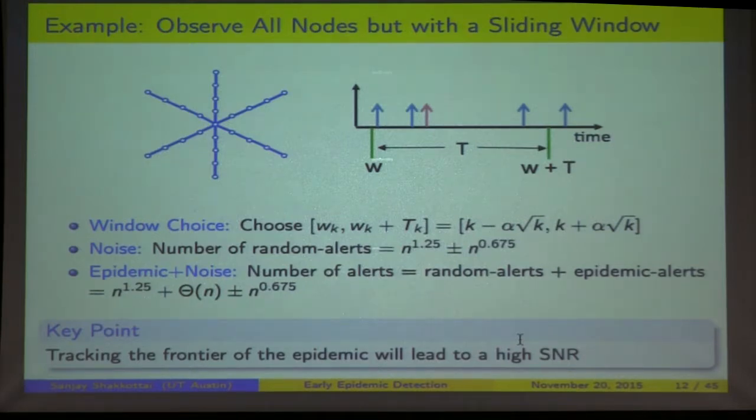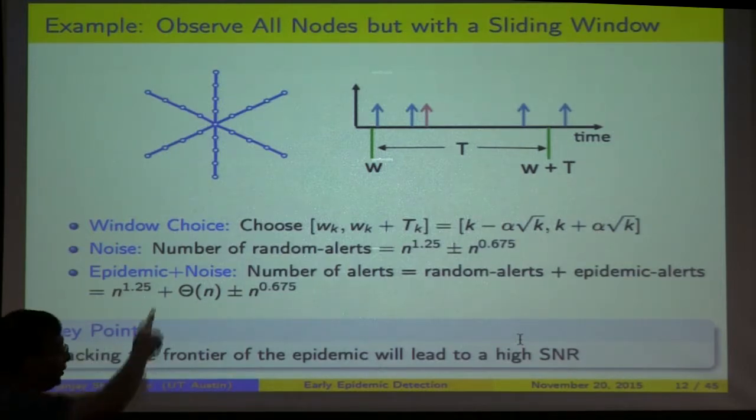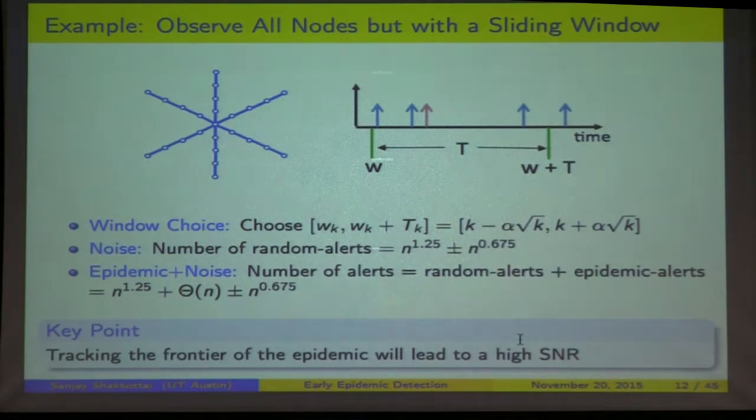One is how many random blips will I count with all these sliding windows. This is a hand-wavy calculation. I can tighten it up, but you can believe this: this window capital T is order root n roughly, which means n to the 0.25, and then there are n nodes. So roughly, you should see n to the 1.25 blips.